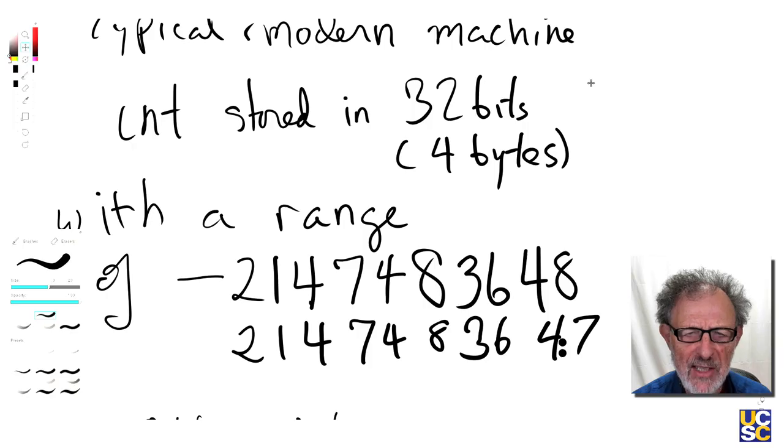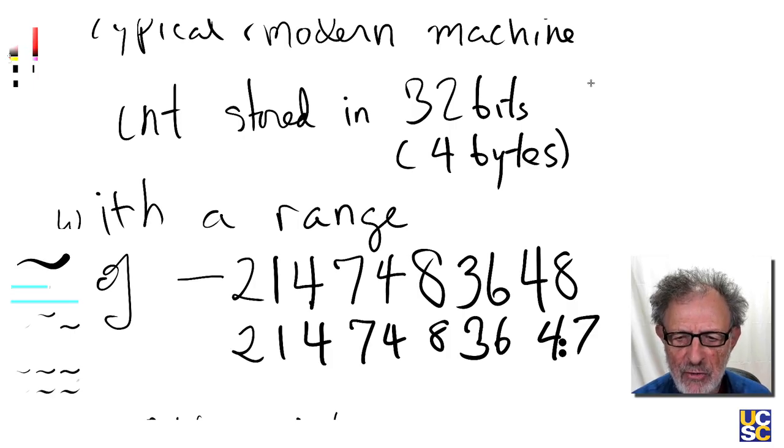Now, when you're working with an int stored in 32 bits, then what you can represent is limited, and it's limited to plus or minus 2 billion, and I've written it out here explicitly. You can go positively up to 2,147,483,647, and your smallest number, your largest negative number, another way to put it, is 2,147,483,648.